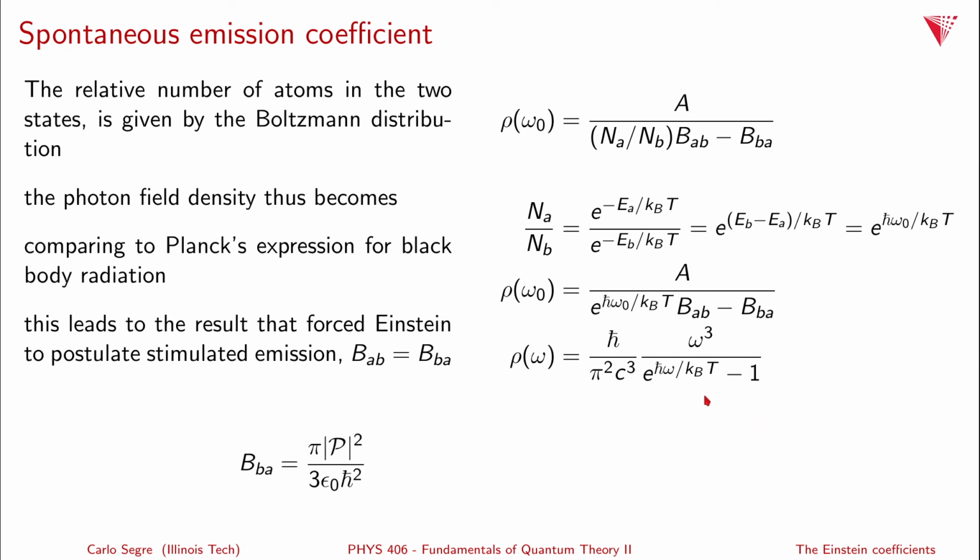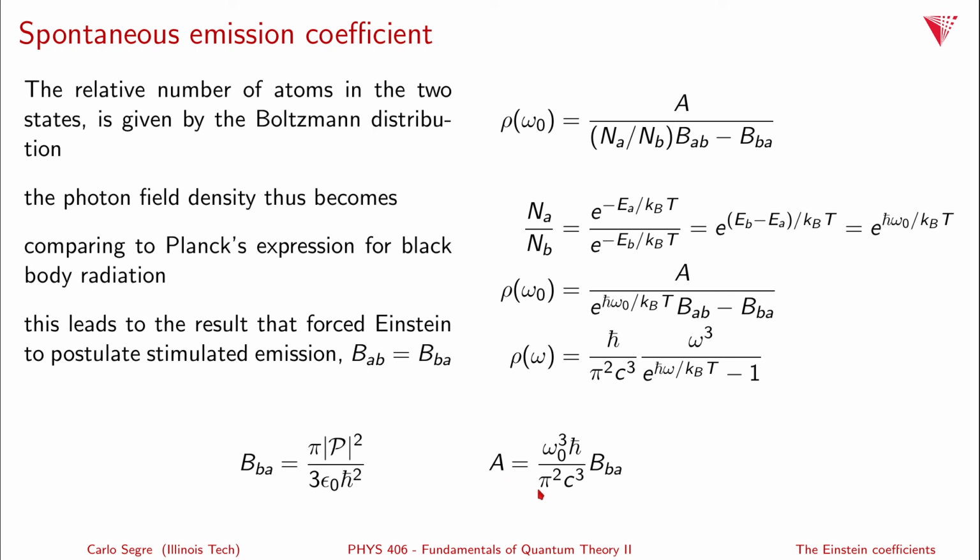And then, with this correspondence between these two expressions, you can calculate what each of these coefficients is. B_BA, which is the rate of stimulated emission, is equal to pi times the polarization modulus squared divided by 3 epsilon naught h bar squared.